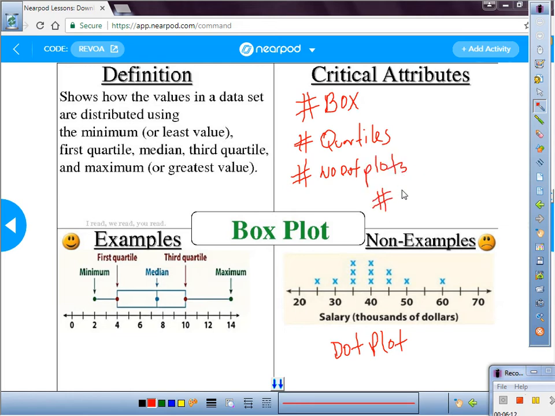Let's see. Who hasn't gone in a while? Oh, Melanie, go. Thank you, Maria. Let's see, we have a box, yes. We have quartiles, yes. No dot plots, okay. What are we missing that you can label this when you send it out?